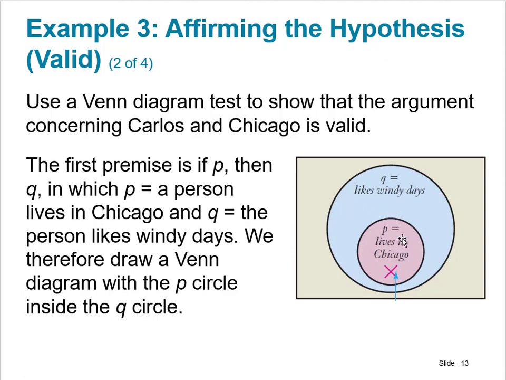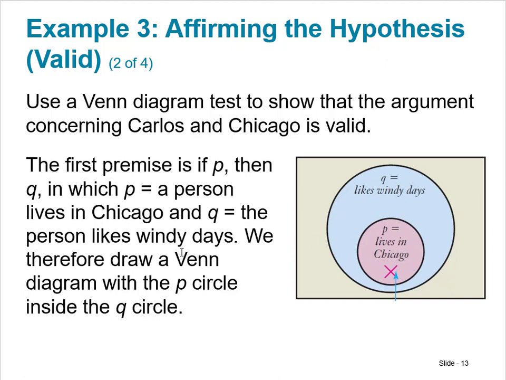So here's windy days, here's lives in Chicago. So basically we're saying if someone lives in Chicago, if someone is from Chicago, then they like windy days. So that's what an if-then looks like with a Venn diagram, that it has to be a circle inside of a circle. Because if you're in this circle, you must also be inside this circle. That's what an if-then means.